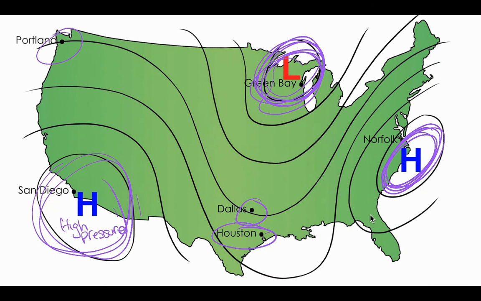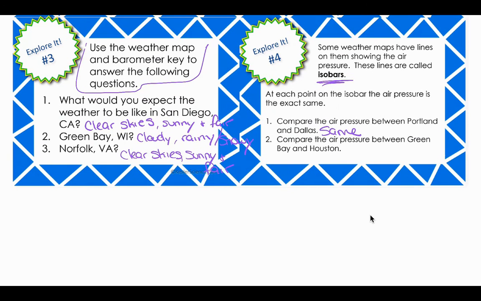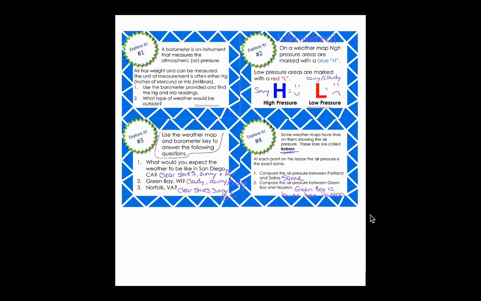So I'm going to say that the air pressure in Green Bay is dramatically lower than it would be in Houston because Houston is closer to the high pressure systems. So if I'm comparing the air pressure, Green Bay is lower than Houston.